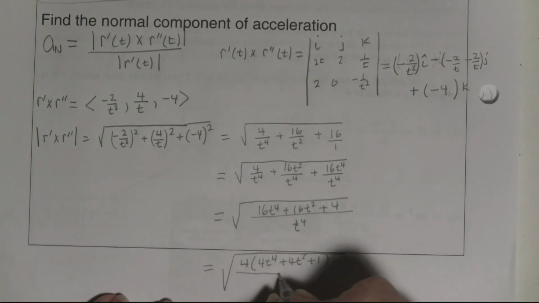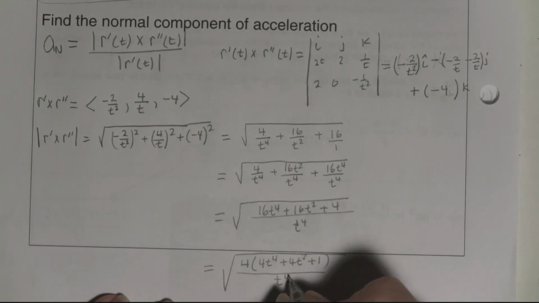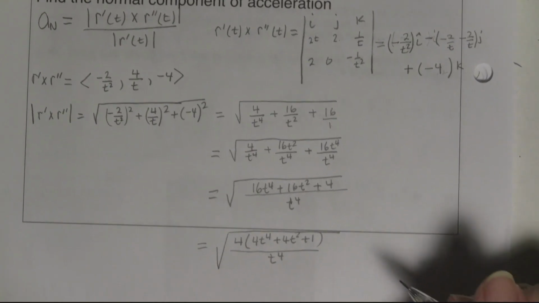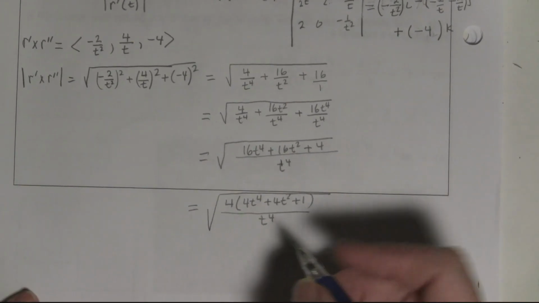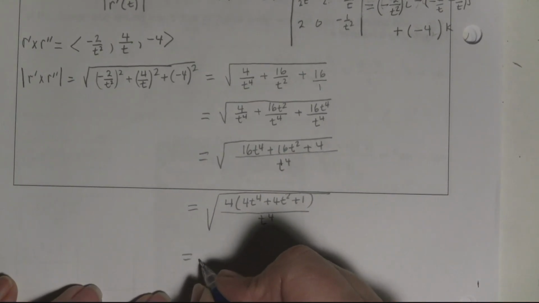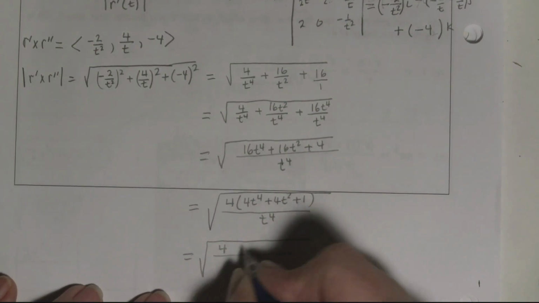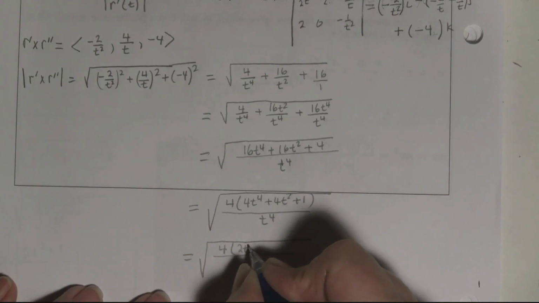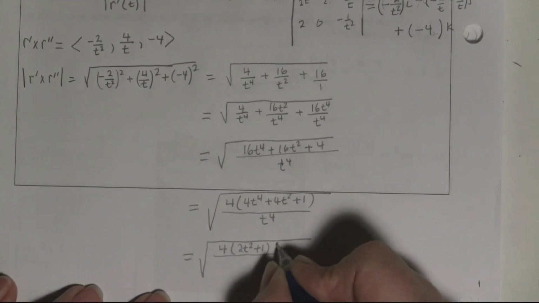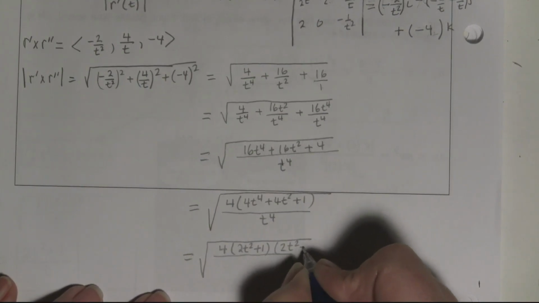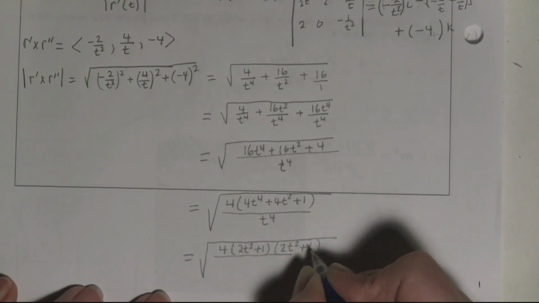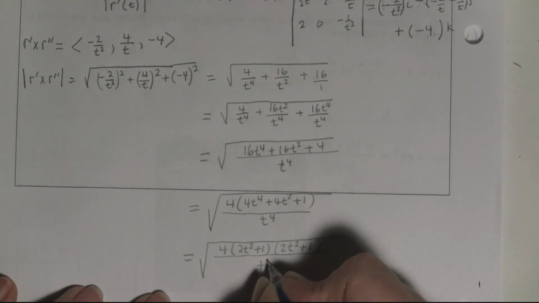I hope you recognize it now, because we've already almost factored that one. And so this is going to factor as 4, and then 2t squared plus 1 times 2t squared plus 1, over t to the fourth.